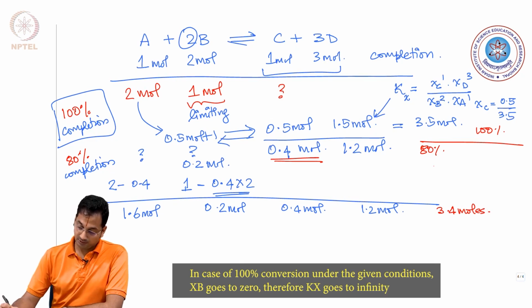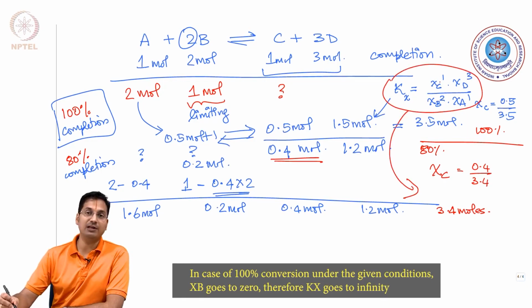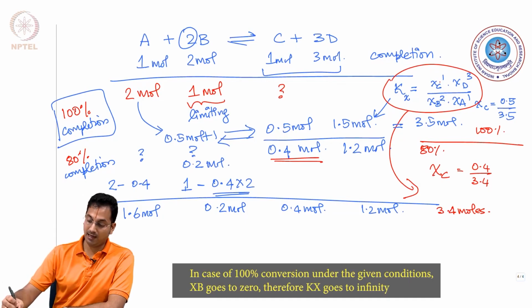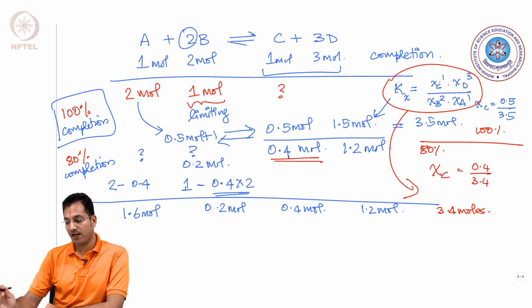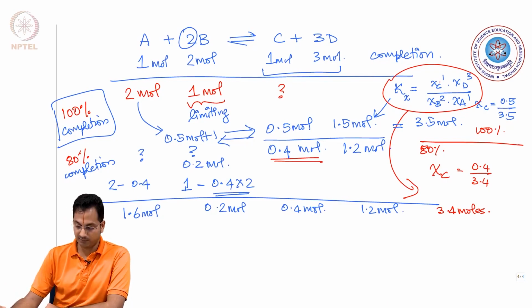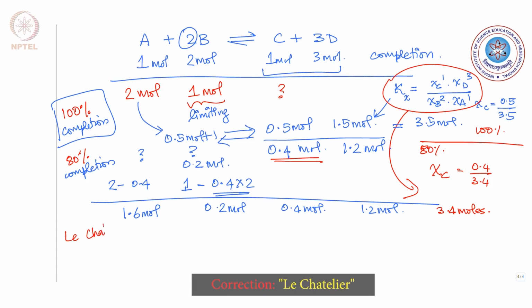In this case, your chi C is going to be 0.4 over 3.4, but the values of chi C, chi D, chi A and chi B are going to change, which results in a different equilibrium constant. So, basically one has to be a little careful calculating equilibrium constants. Let us try to push this a little bit by using Le Chatelier's principle.